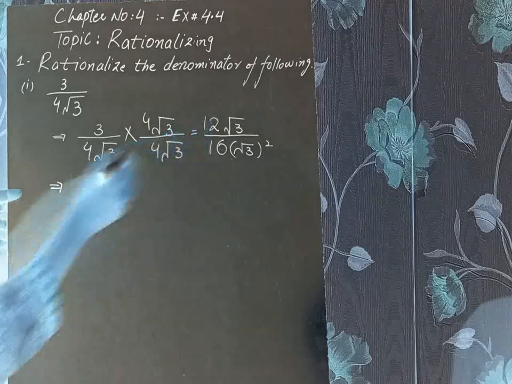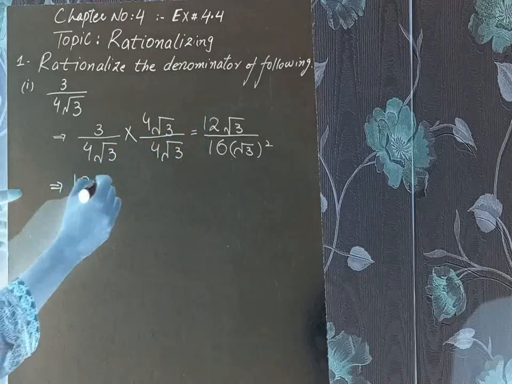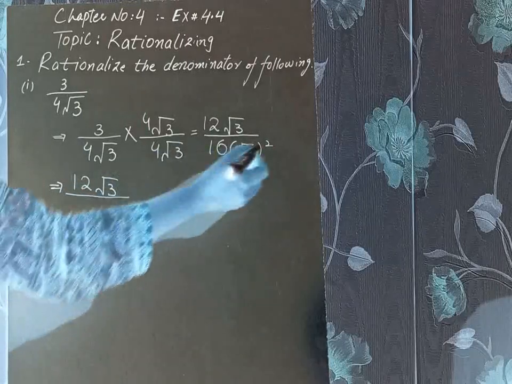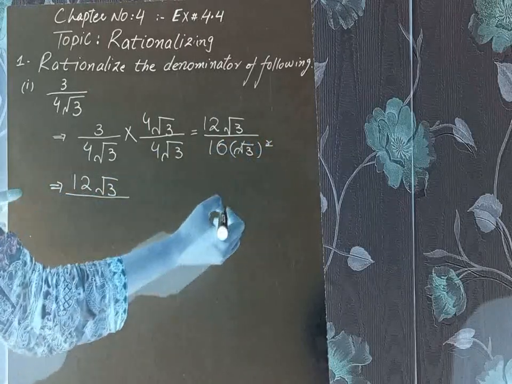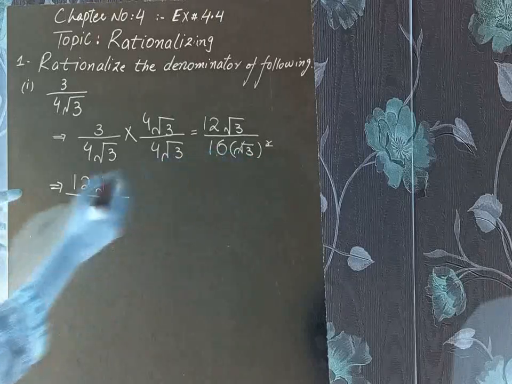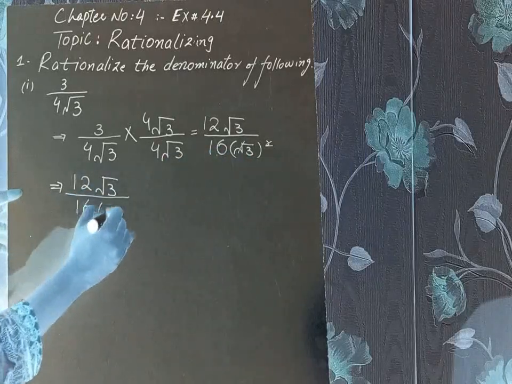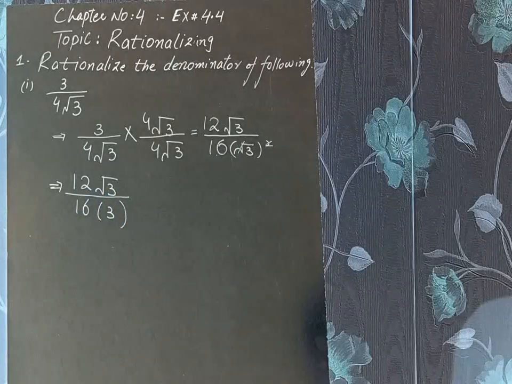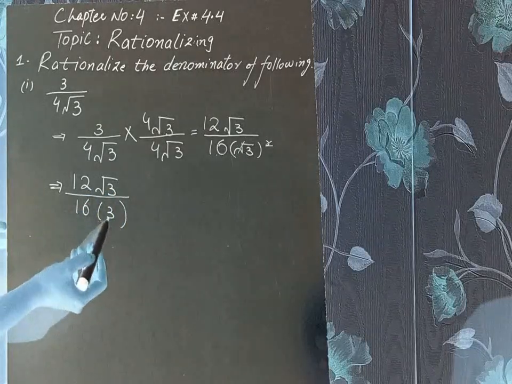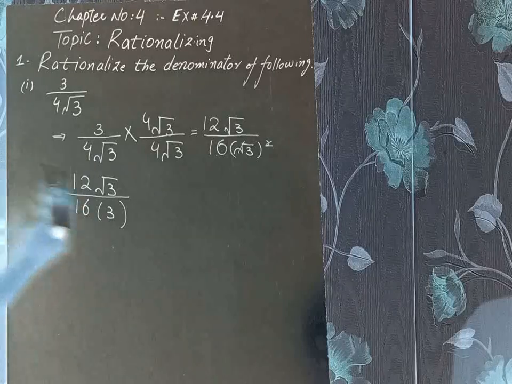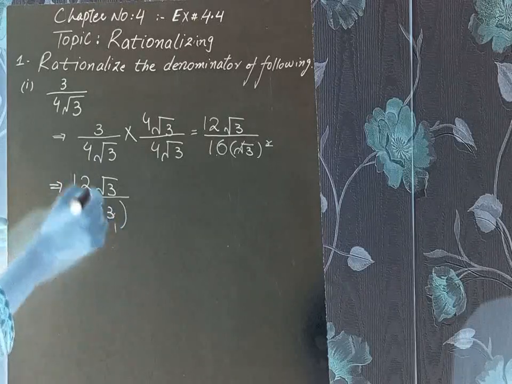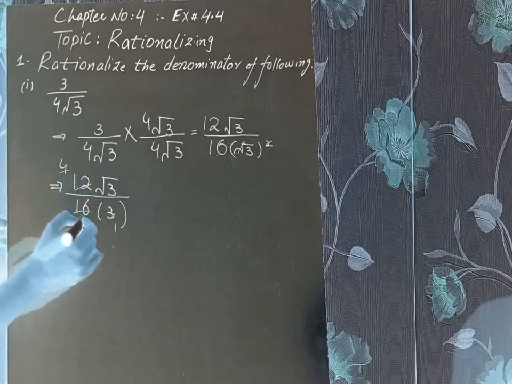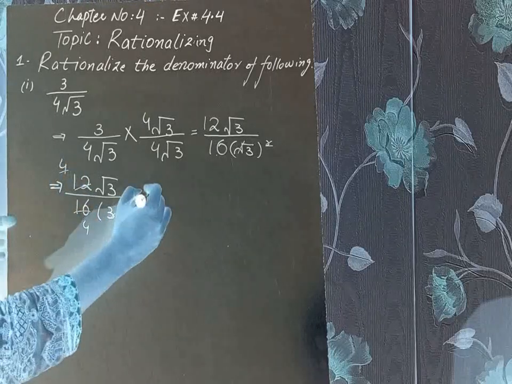Now the numerator will be the same, 12 under root 3, divided by the denominator. Here the square is cancelled by the root, so 16 and 3 are left. Now we can check for the cancellation. 3 and 16, here it is 12. We can do the cancellation. 3 ones are 3, 3 fours are 12, and 4 ones are 4, 4 fours are 16.